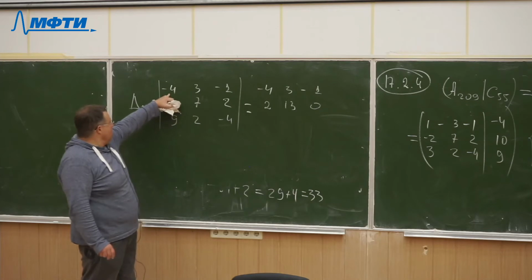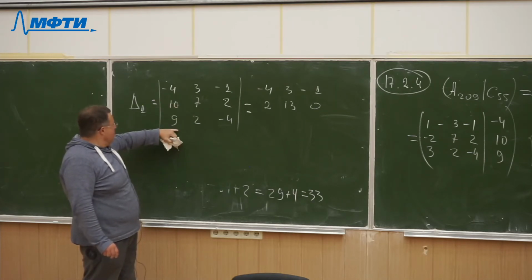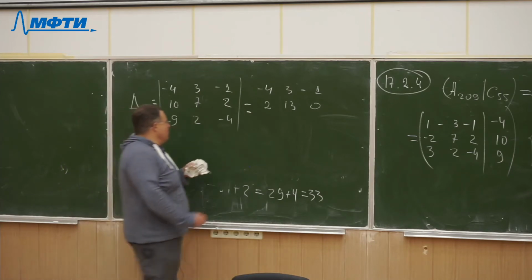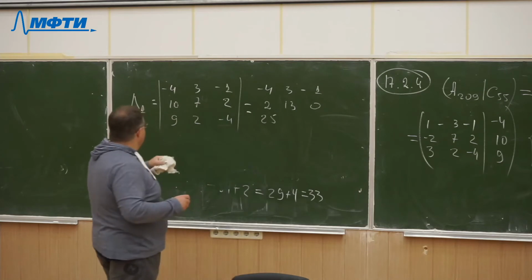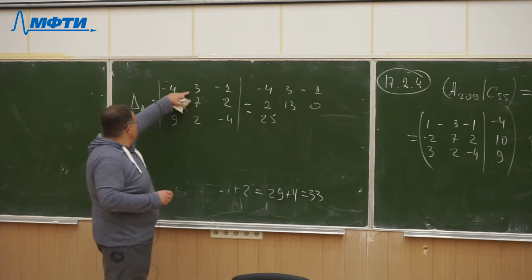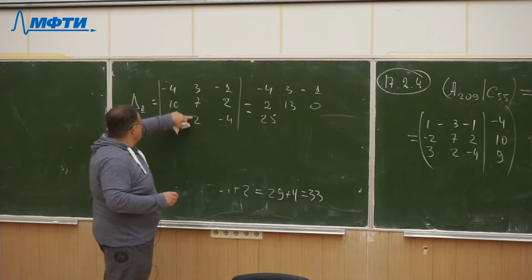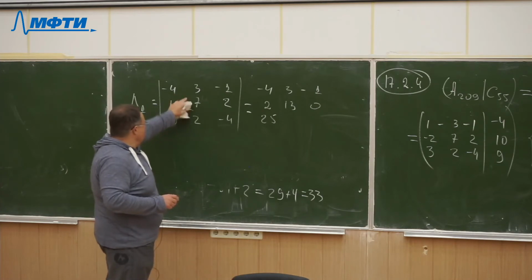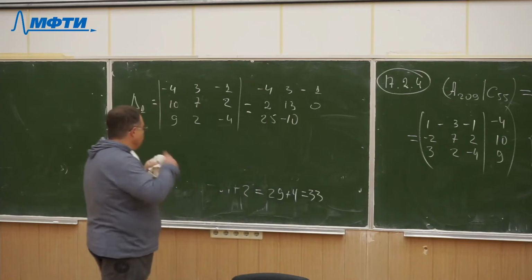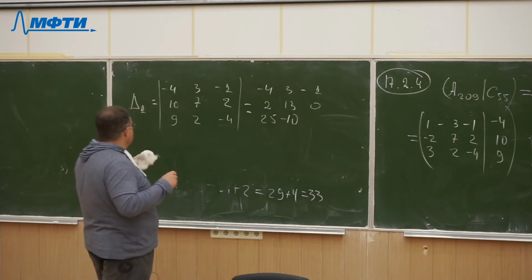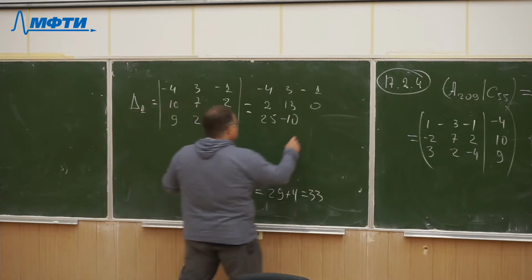Minus 6, minus 16, 9 minus minus 16, it's 25. 2 minus 12, minus 10. And here 0.